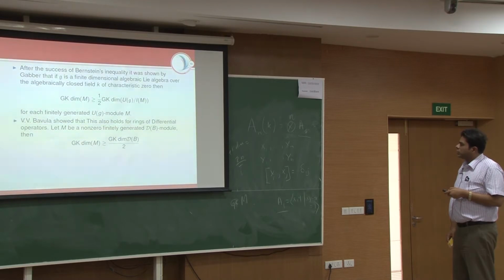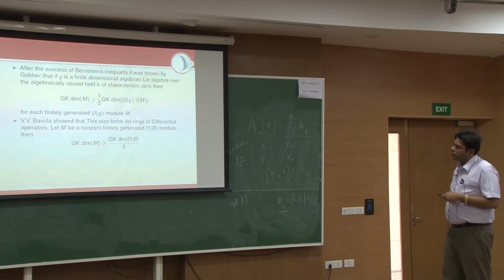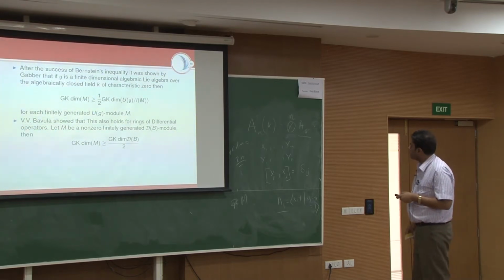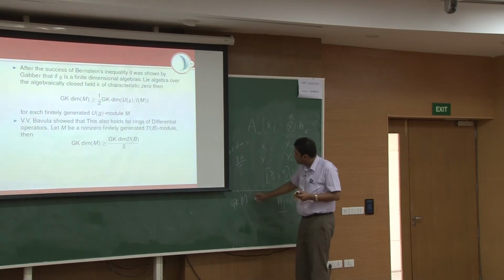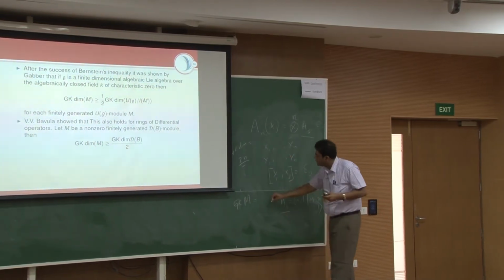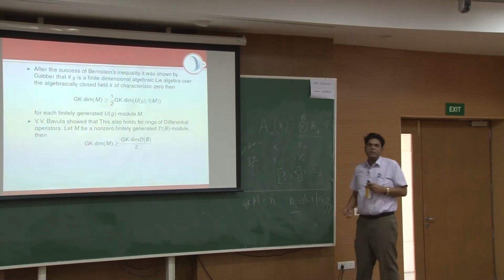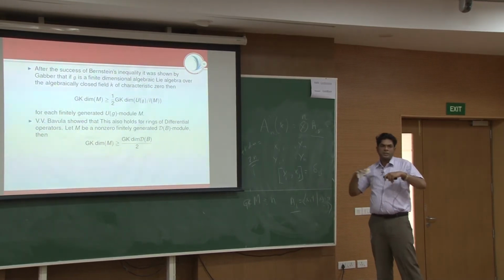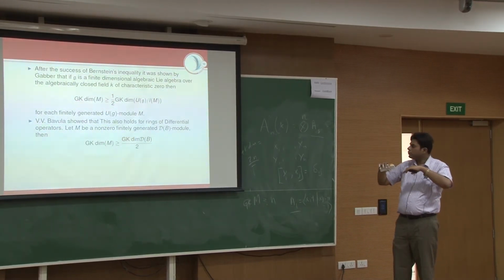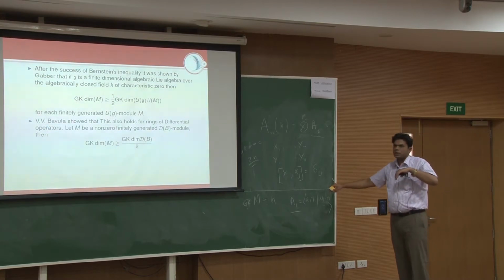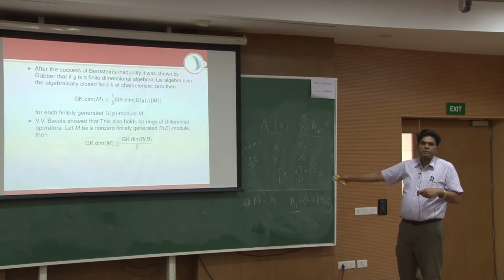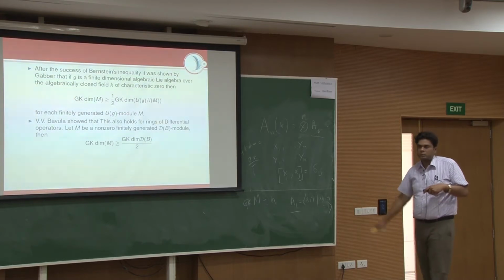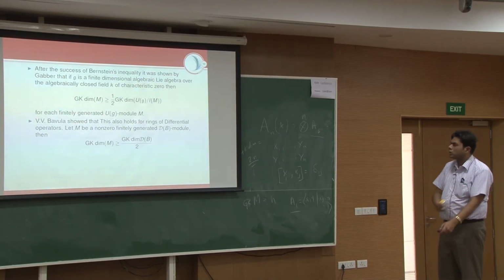In that theory, the central concept is the concept of a holonomic module. A holonomic module is simply a module over this algebra whose GK dimension is n. So in other words, it is at the bottom end of the spectrum. That is the least possible value for a finitely generated module over the Weyl algebra. So such a module is called holonomic.